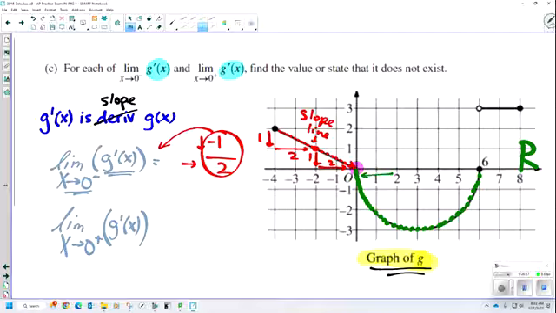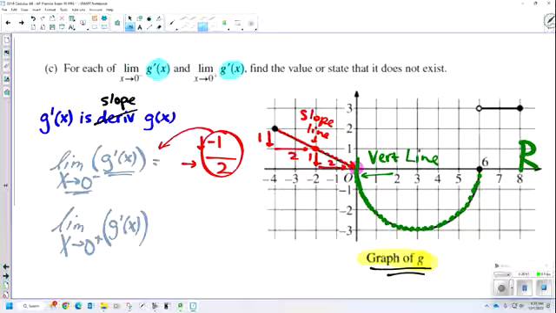Guess what it looks like? Guess what it actually ends up being? A vertical line. A vertical line does not have a slope. It's undefined. There are 3 occurrences where a graph that is continuous is not differentiable.